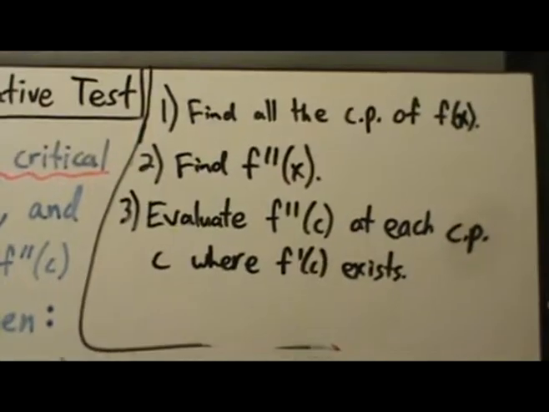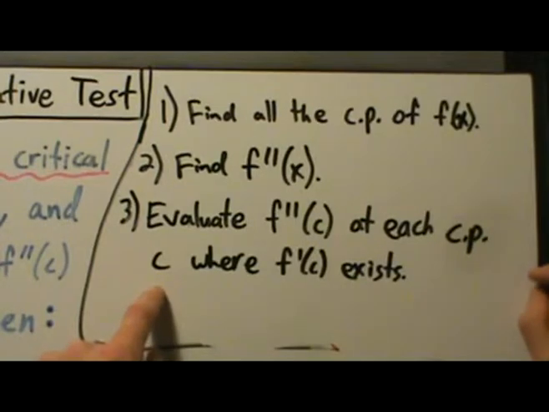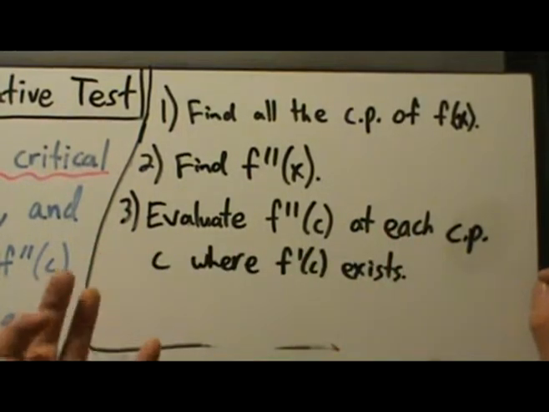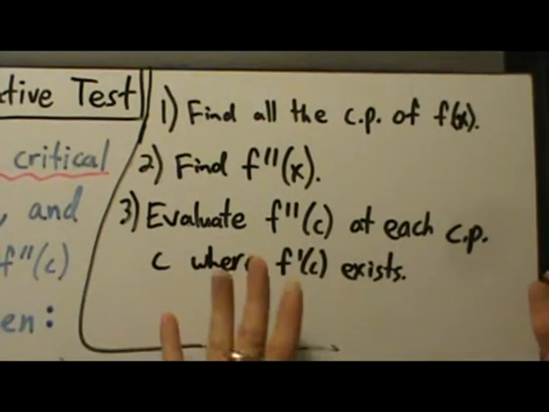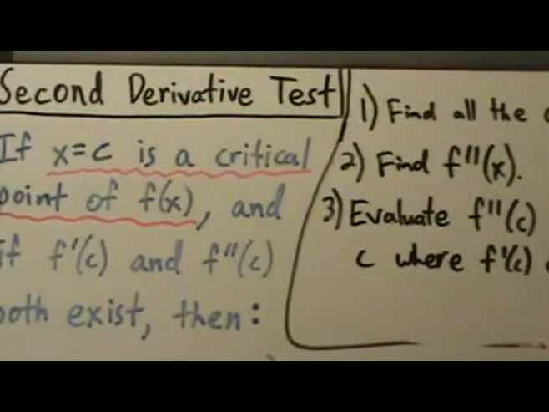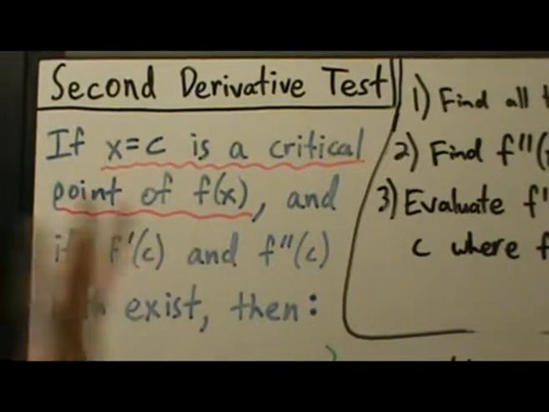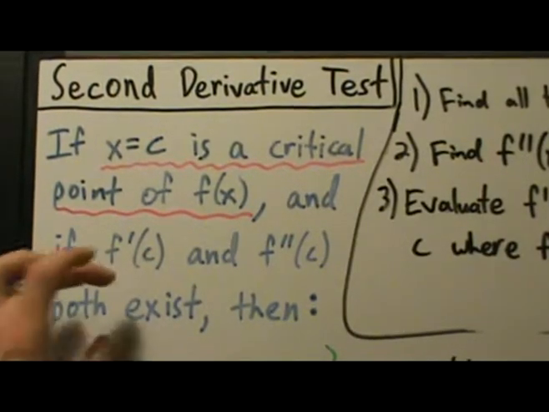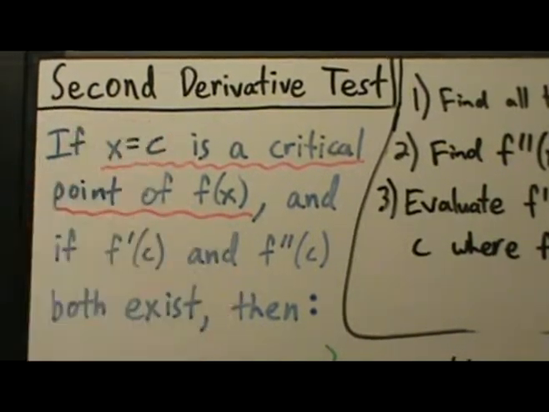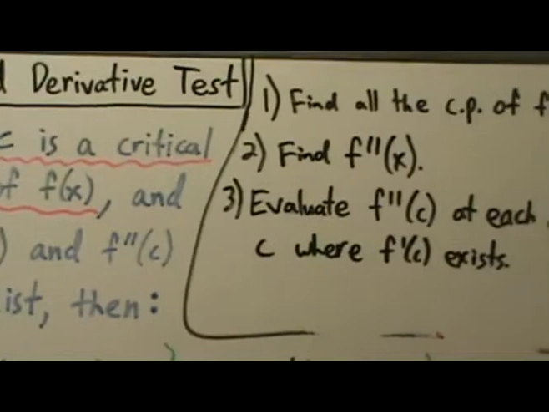Because if you have a critical point C, it might be the case that f prime of c does not exist. But for the second derivative test, we can only use the critical points where the first derivative exists. And again, we'll see some more complicated examples later on where we can't use those.